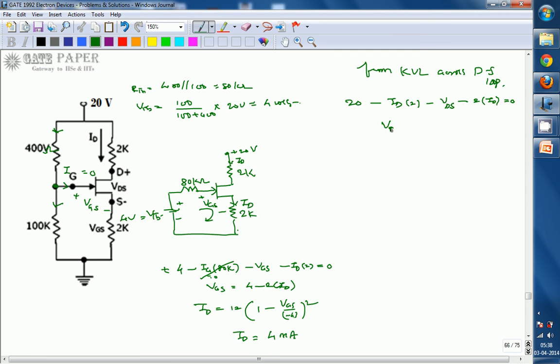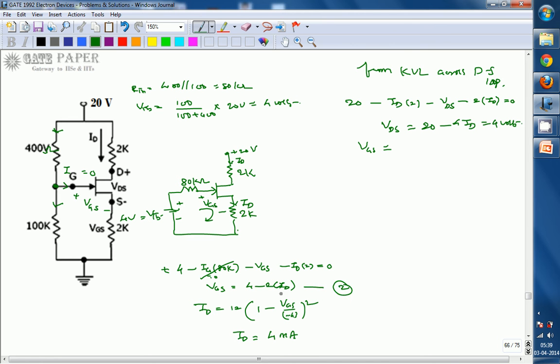So VDS is equal to 20 minus 4 ID, which is 4 volts. VDS is equal to 4 volts.